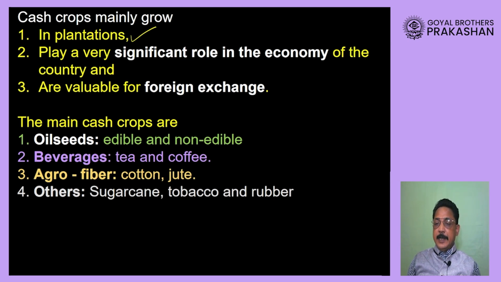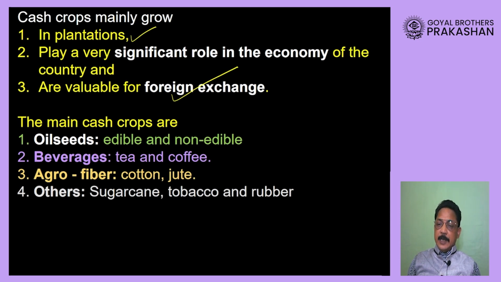By exporting them, the country can earn a lot of money. They play an important role in industrial development, and because of industrial development, economic development of the country takes place. And by exporting these crops, the country can earn a lot of foreign exchange, that is foreign income, foreign money also.